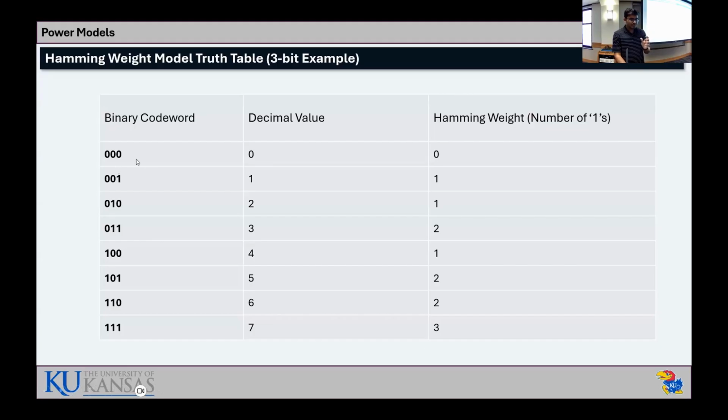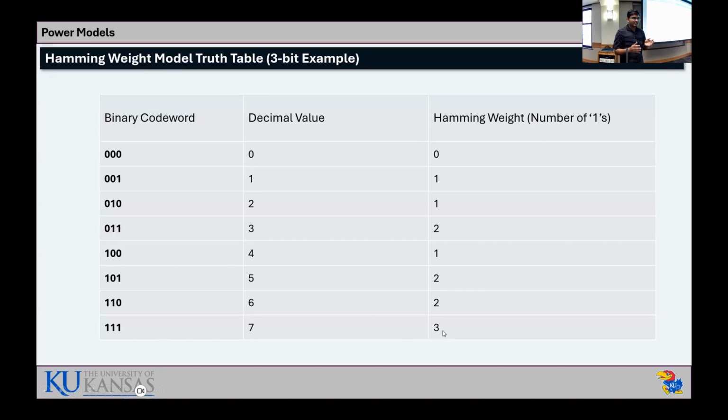Suppose you're giving 0 0 0, it doesn't have any 1 bits, so it's just 0. For 0 0 1, the Hamming weight will be 1. If you're giving 0 1 1, that is decimal value 3, the Hamming weight is 2. And for 7, the Hamming weight is 3.